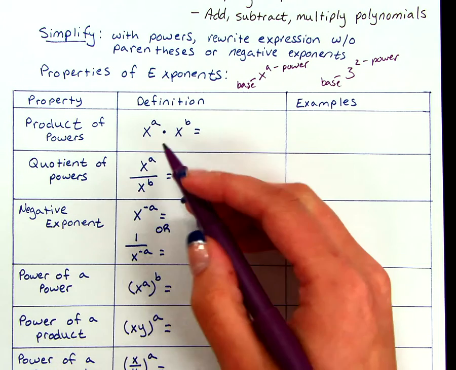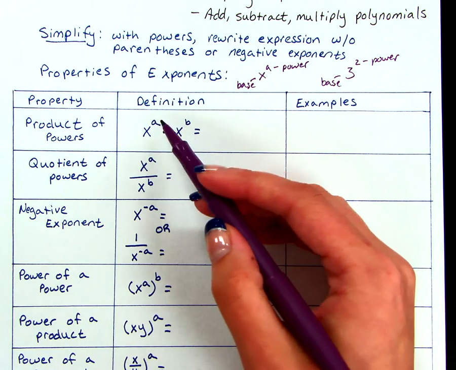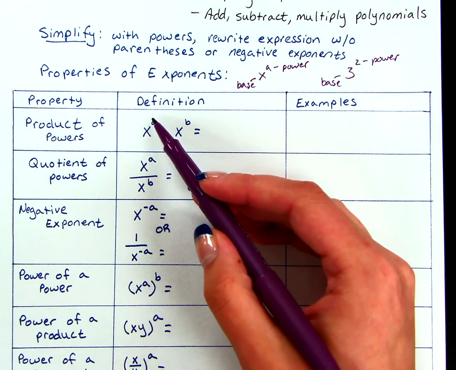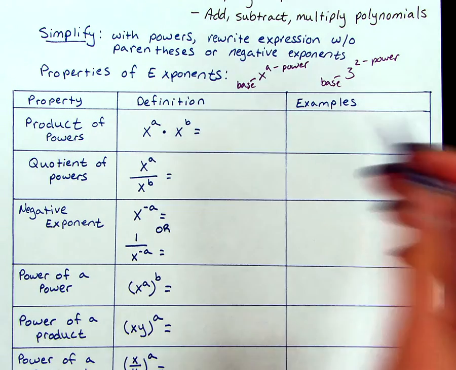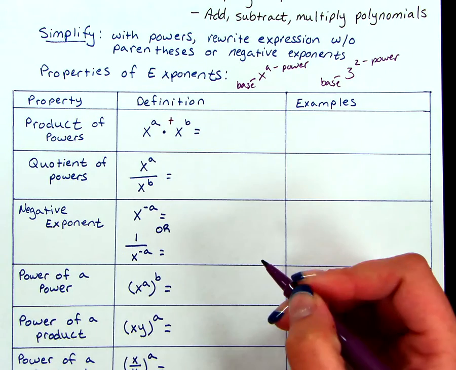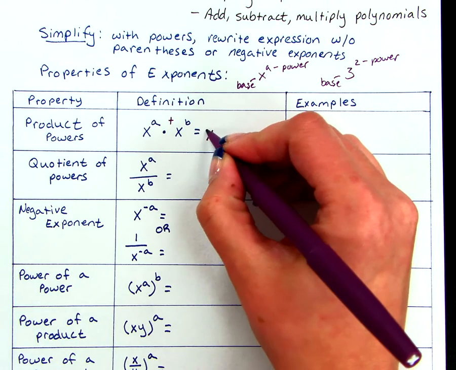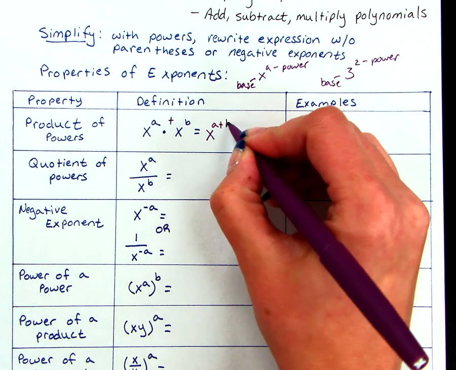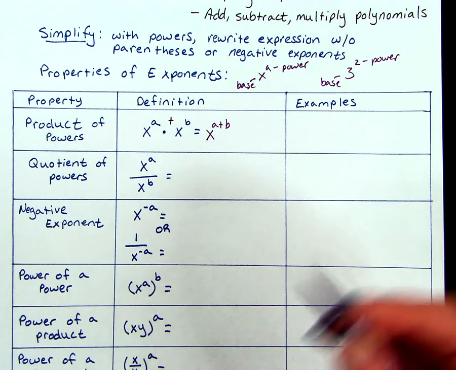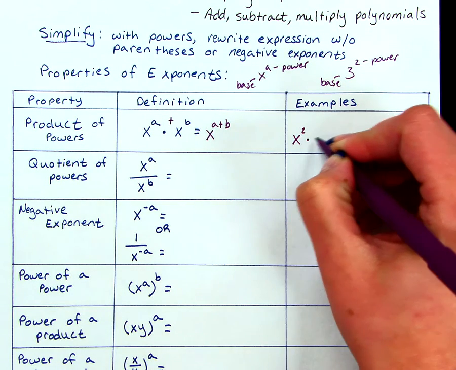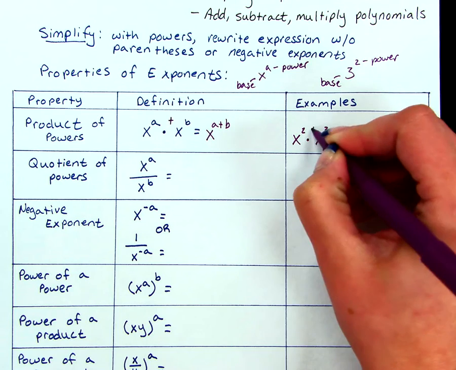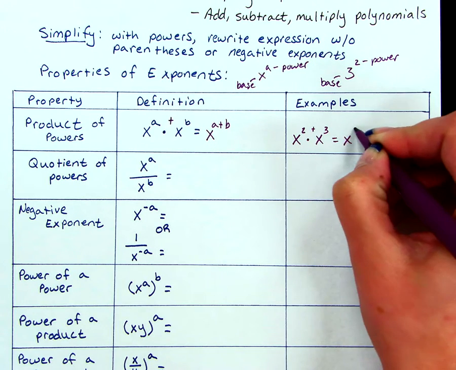Okay. So again, if we're multiplying, the power is telling us how many of whatever our base is. So that means that we would just add them all together. So we're going to add our exponents. So this would become x to the a plus b. So again, if I had x squared times x cubed, we would just add those exponents together. So we would end up with x to the 5th.